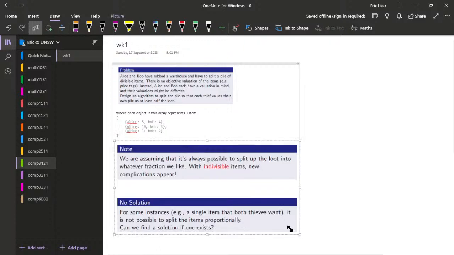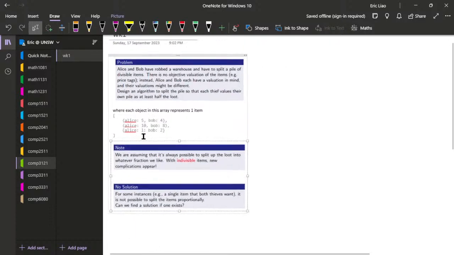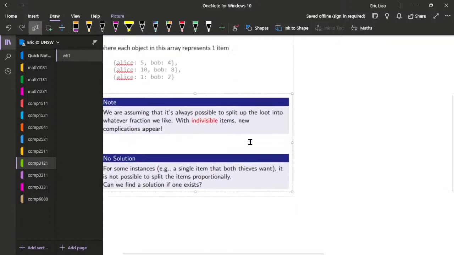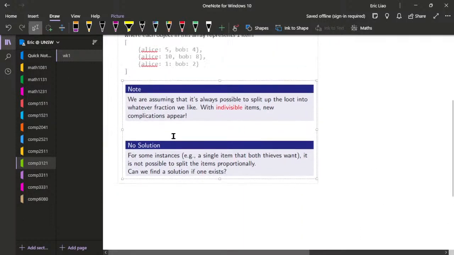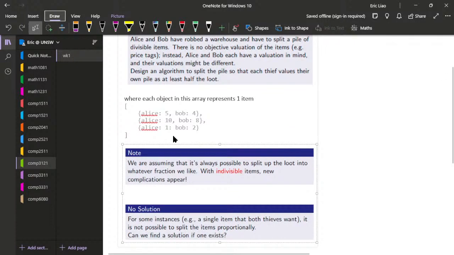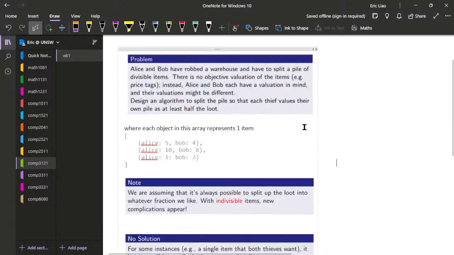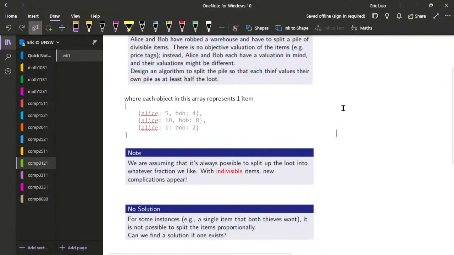What does that mean? What's an indivisible item?